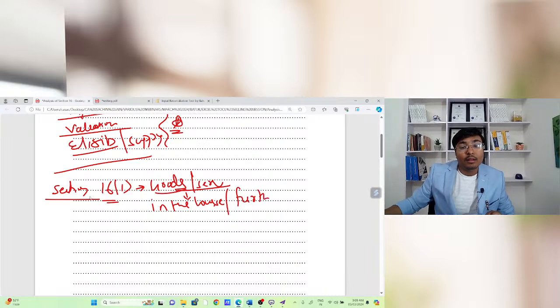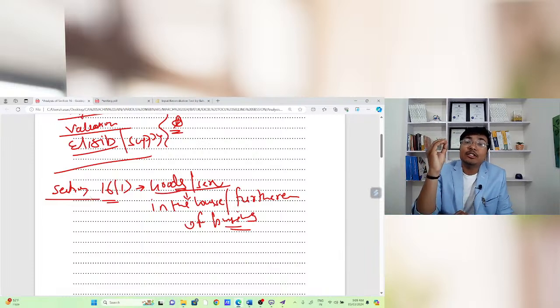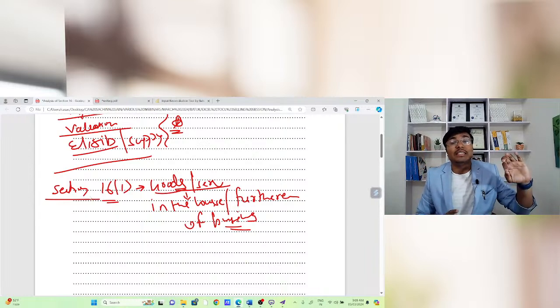Whenever you consume any goods or services in the course or furtherance of business, you will be eligible to claim the input tax credit. That is the point of section 16 subsection 1 of the CGST Act.